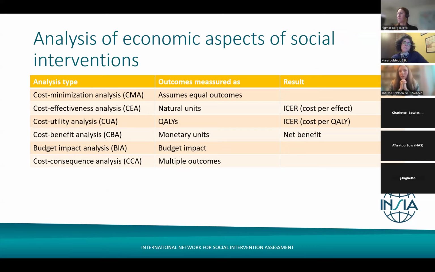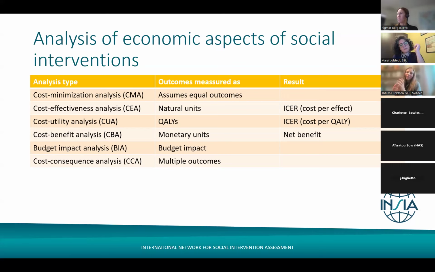We also have cost minimization analysis, and that is when we assume equal outcomes and just want to compare how much resources are needed for the two different interventions. Budget impact analysis is to see how this intervention will affect our budget. Are we able to afford it at this moment, or how will our budget be affected by this intervention?